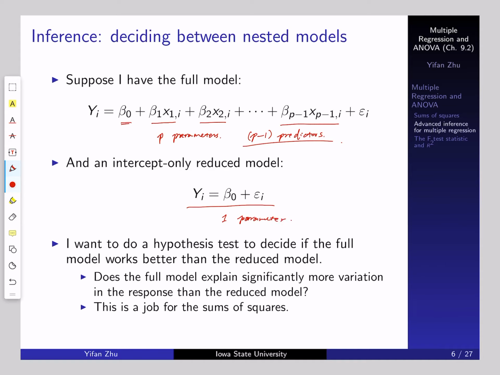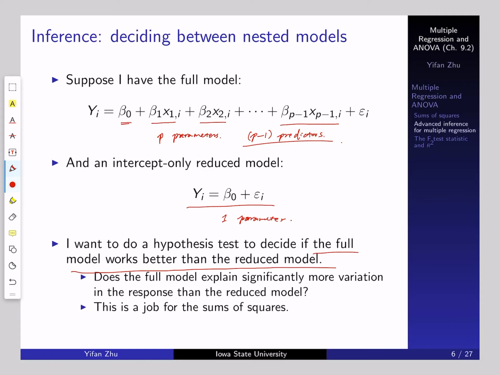And now we want to do a hypothesis test to decide if the full model works better than the reduced model. So how to understand this sentence? What we will do to compare these models is just to compare the goodness of fit of these two models.